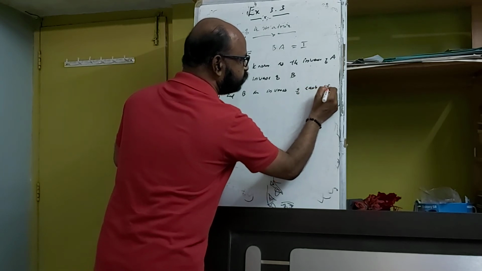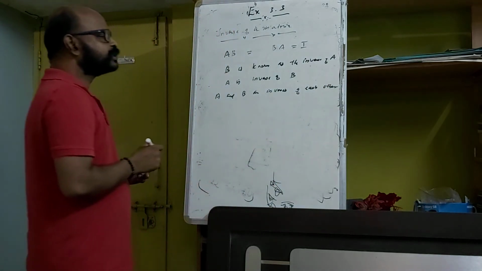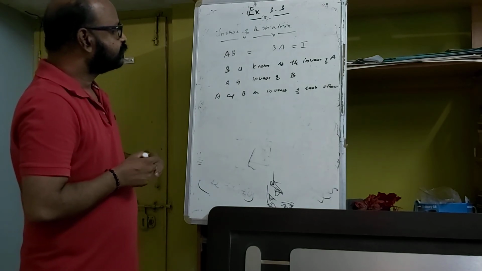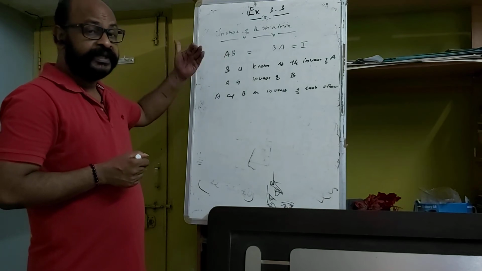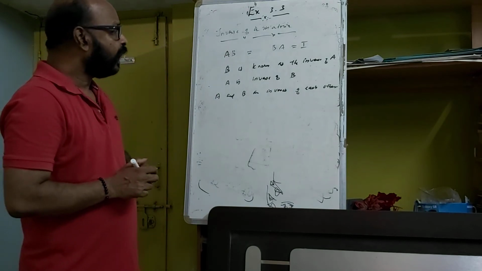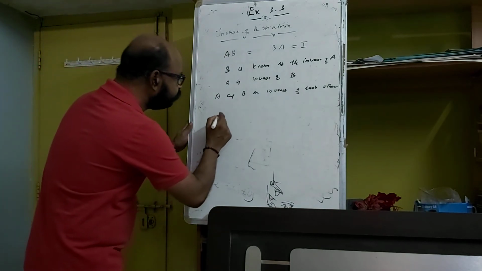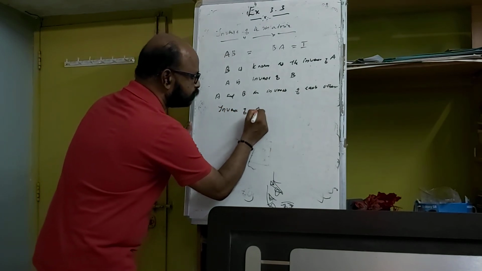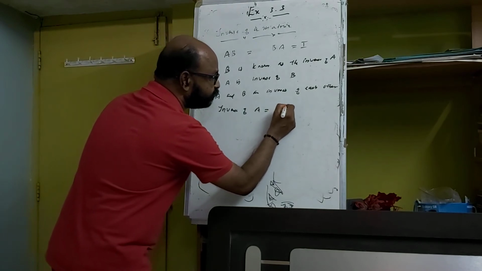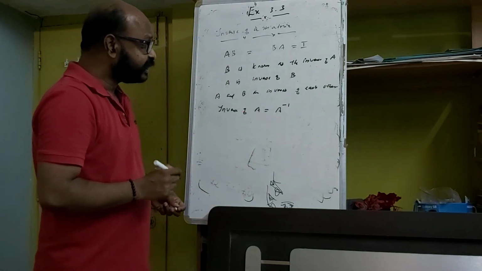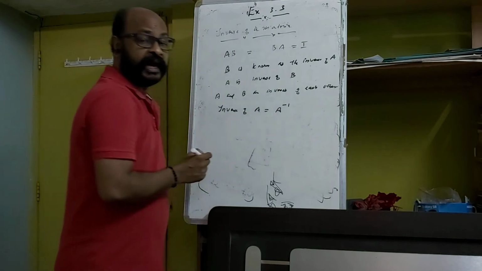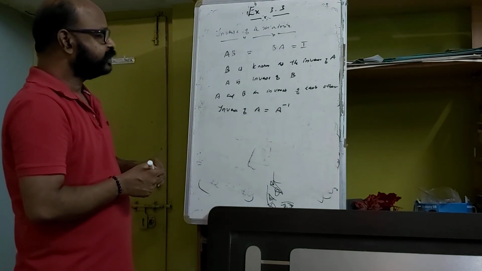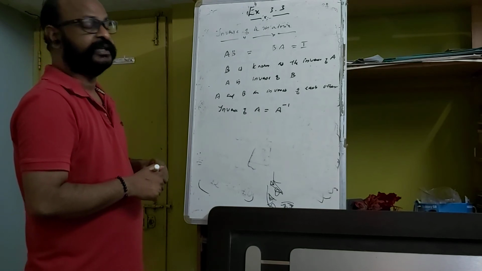Then, B is the inverse of A, and usually the inverse of A is denoted by the symbol A raised to minus 1, and we read it as A inverse. So the inverse of A is equal to A inverse.